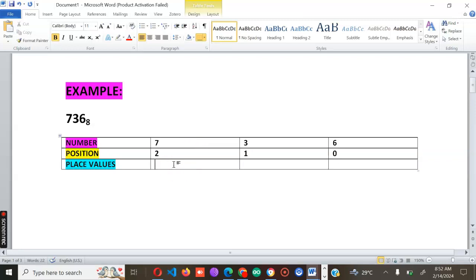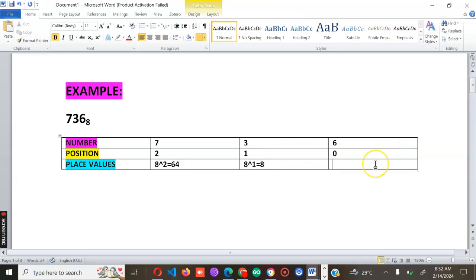This is supposed to be base 8 raised to power 2, which is 64. While this one is 8 raised to power 1, which is 8.